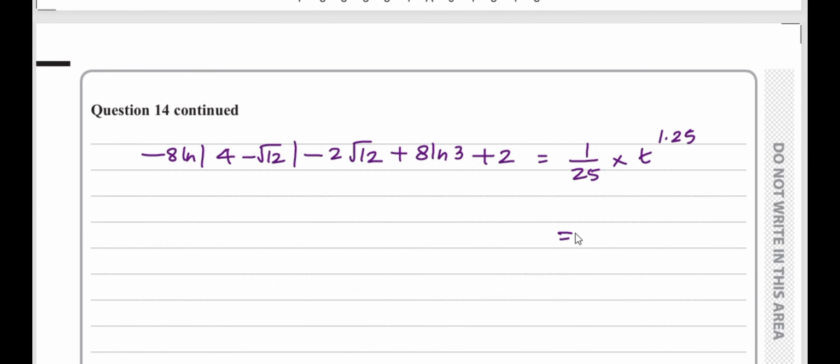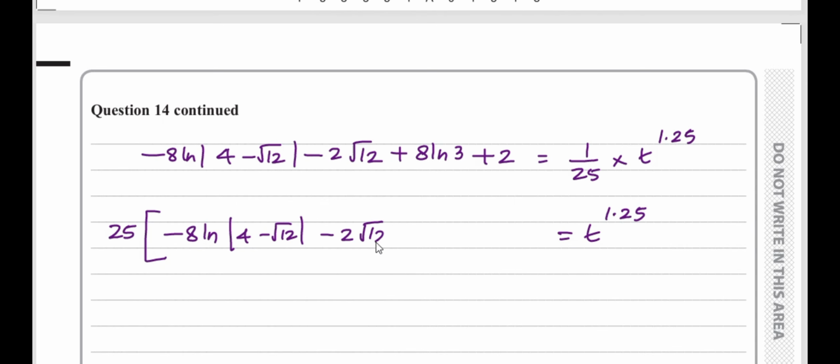Making t to the power of 1.25 the subject, we can write the whole left hand side multiplied by 25, 8 ln 4 minus square root of 12 minus 2 square root of 12 plus 8 ln 3 add 2 equal to this.